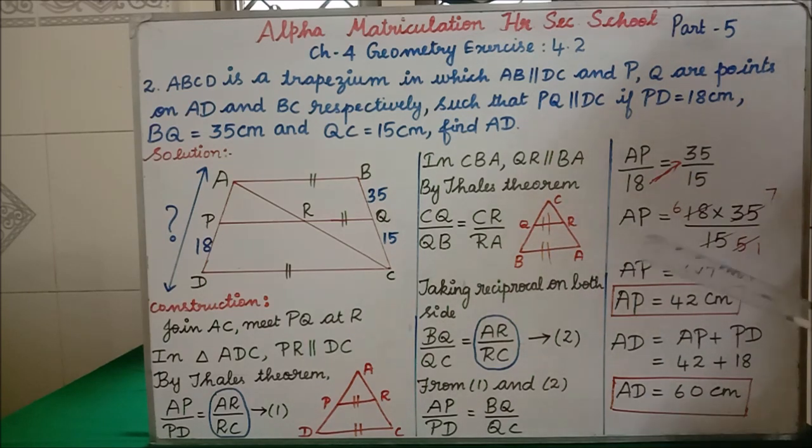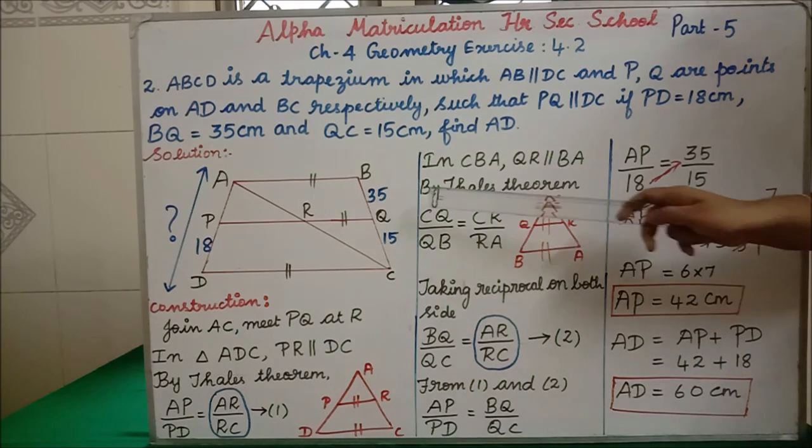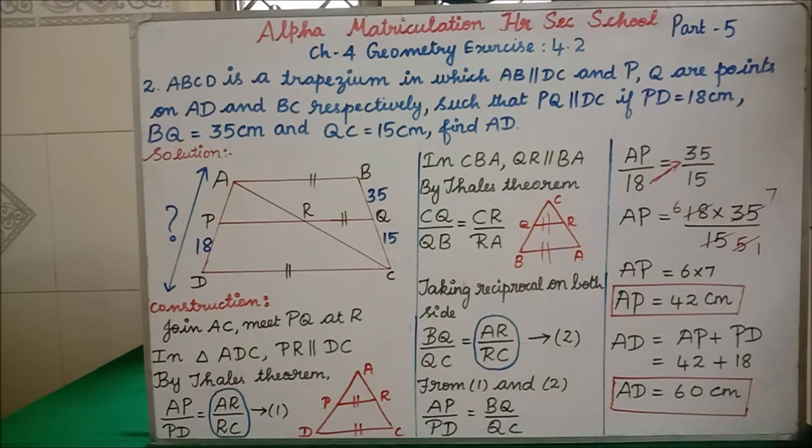Why are we writing like this? Because the corresponding sides divide in the same ratio in Thales theorem. Clear, all of you, how we are writing? CQ divided by QB is equal to CR divided by RA. Clear? Next, afterwards, what we are doing is taking the reciprocal of this full thing.